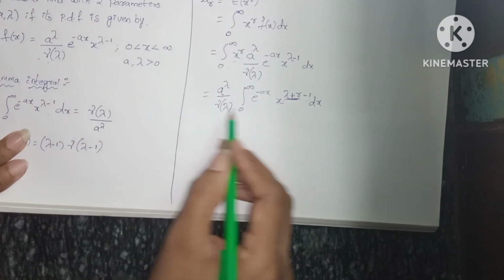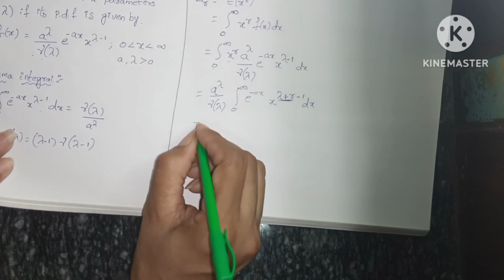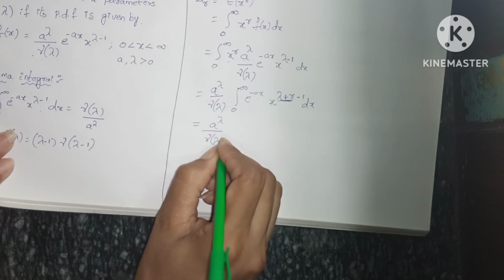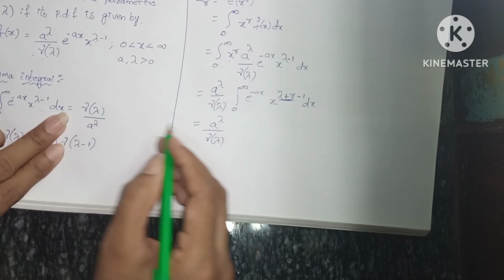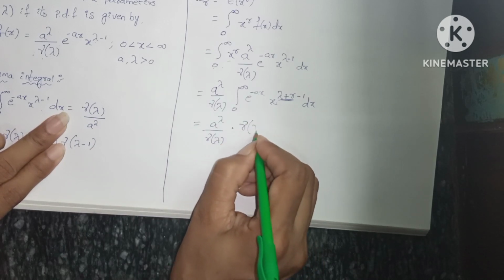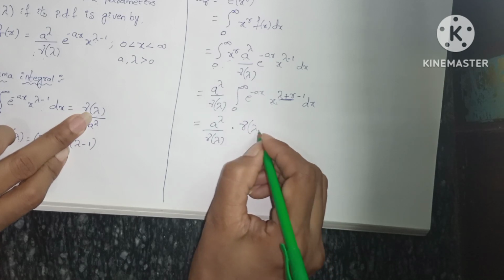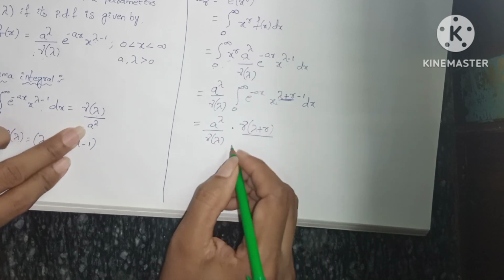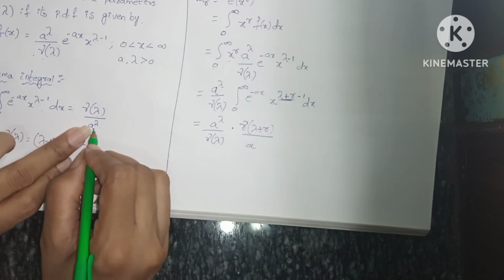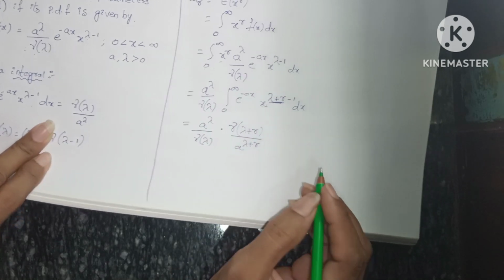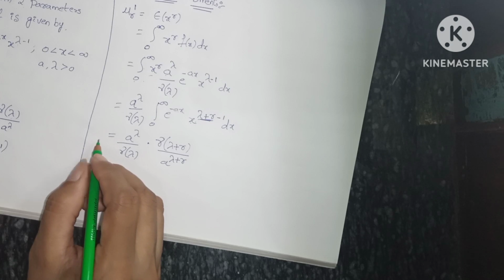So both are in the same format. That's why we can write a power lambda by gamma of lambda into gamma of lambda plus r by a power lambda plus r.